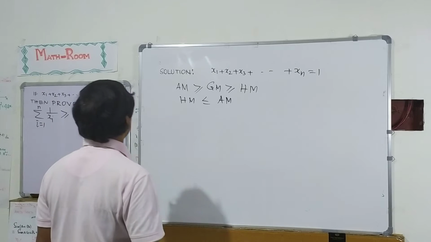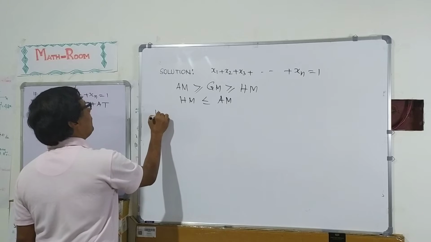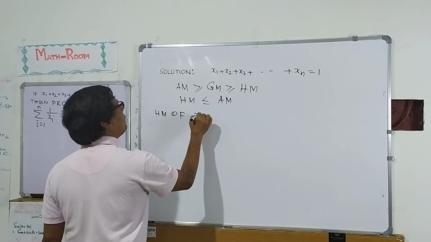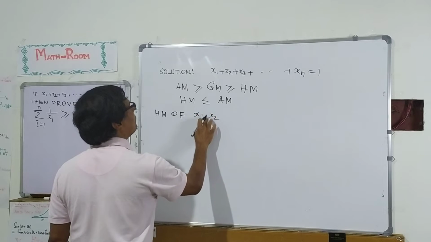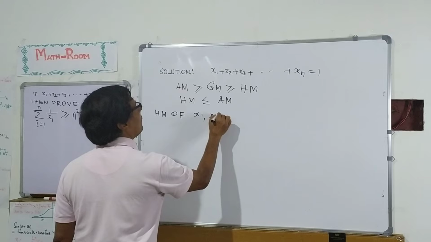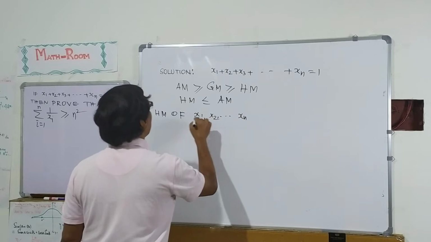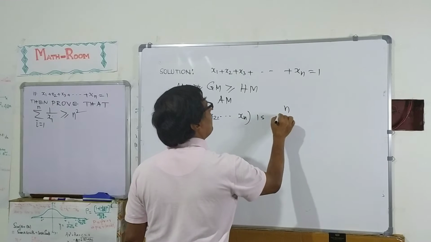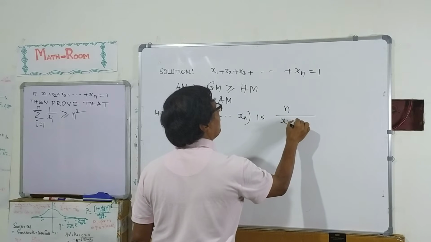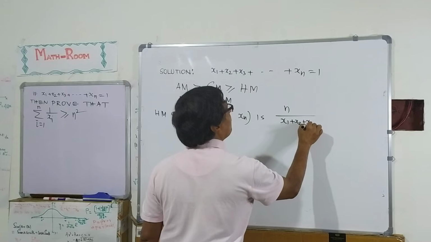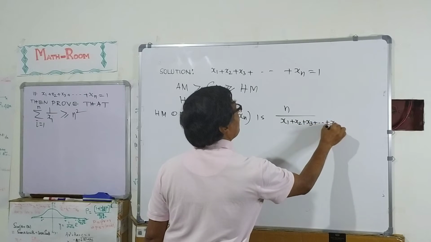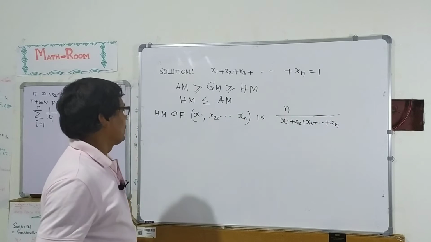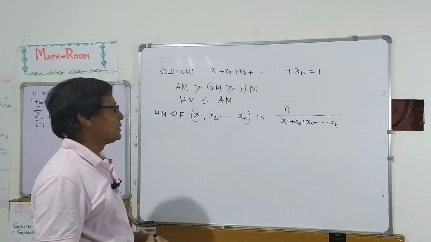Now the harmonic mean of x1, x2, ..., xn is n over x1 plus x2 plus x3 ... plus xn.